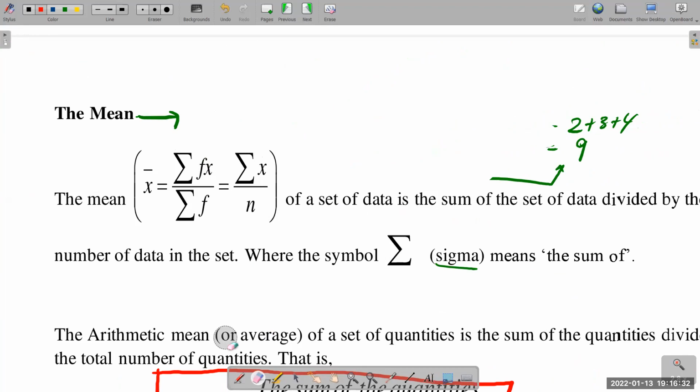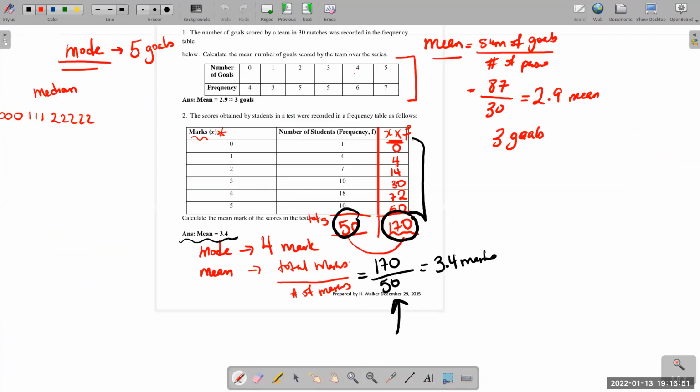Because in some cases, what does the F represent? F always represents frequency. You realize it's always a frequency. And what is X? X is either the midpoint or the other thing that we use, because you realize we know, putting everything together. So here, X was the midpoint, or here, it tells us the number of marks or the number of the element that we're talking about.